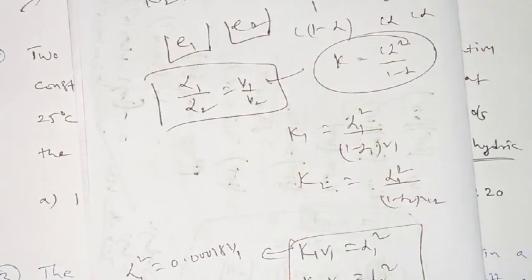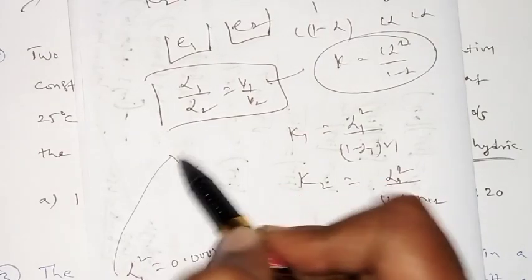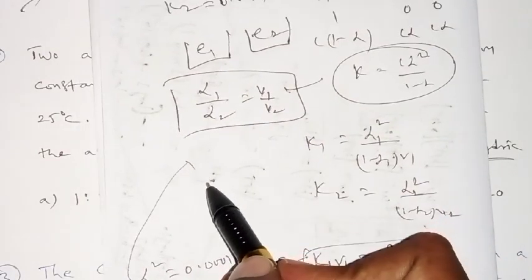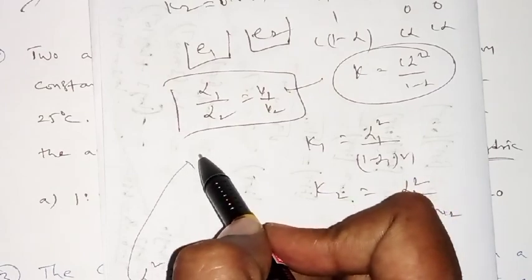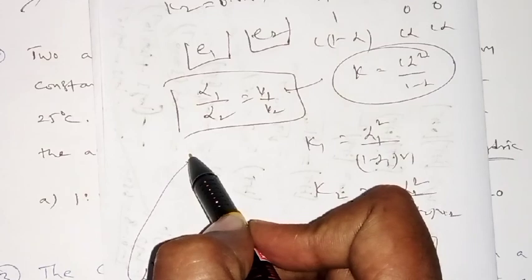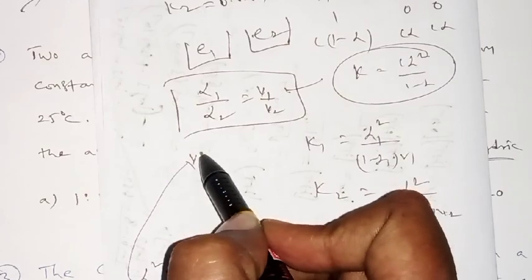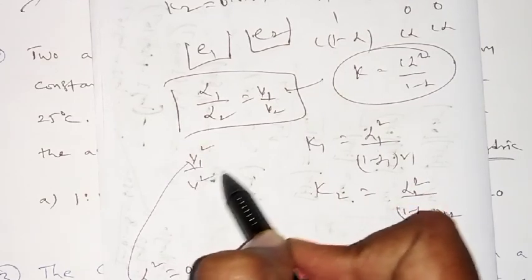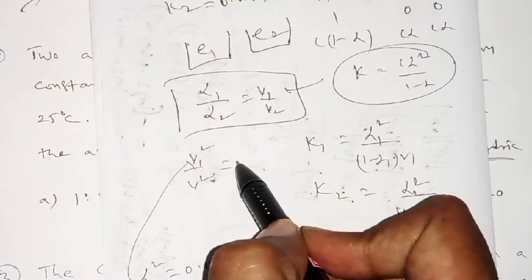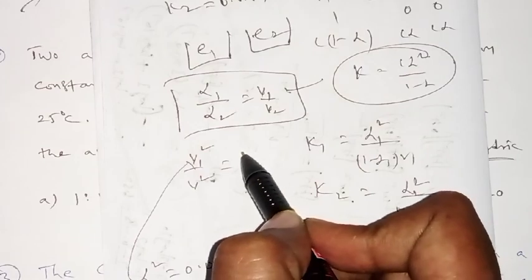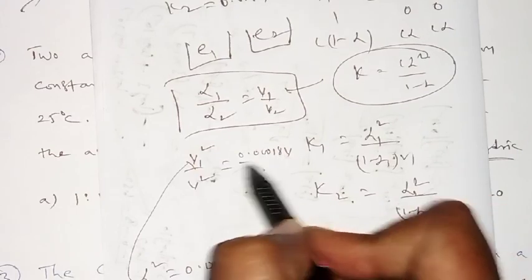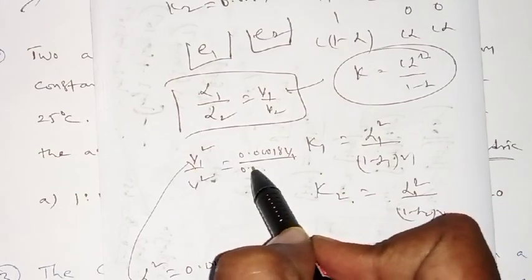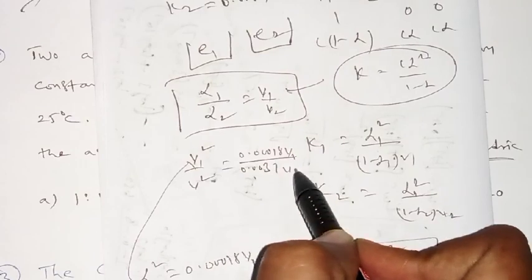Now if you substitute these values into this formula, what will we get? Alpha 1 by alpha 2 equals V1 by V2. Squaring, V1 square by V2 square equals 0.00018 V1 by 0.0037 into V2.